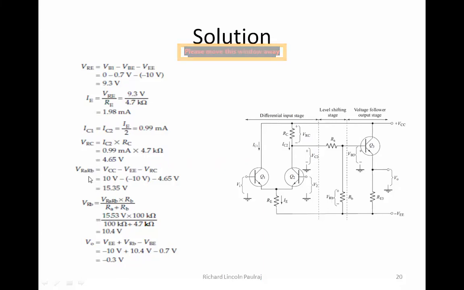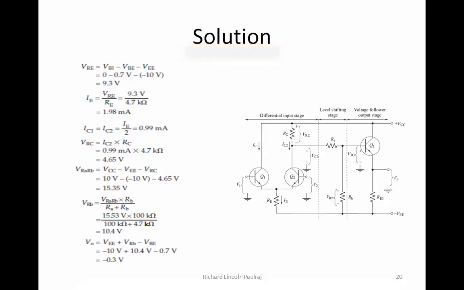Next, the voltage across RA and RB is going to be nothing but VCC. Why? Because these two are connected. One of the terminals is connected to VCC, and the other terminal is connected to minus VEE. So the total voltage across them is going to be VCC minus VEE minus VRC. The same thing is here because we have already calculated this, right?